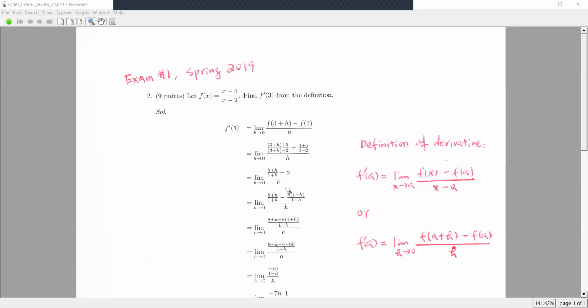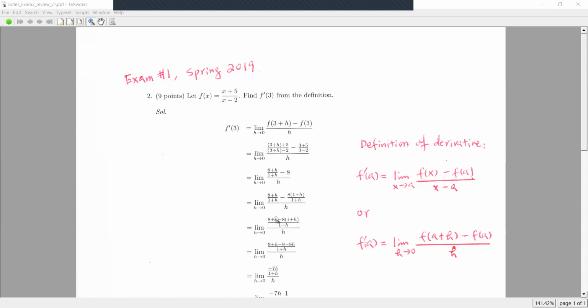I use common denominator to simplify the numerator. I write the second term, 8, as 8 times 1 plus h over 1 plus h. Then on the top, the two terms have the same denominator. Therefore, I can combine the two terms to get this equation.